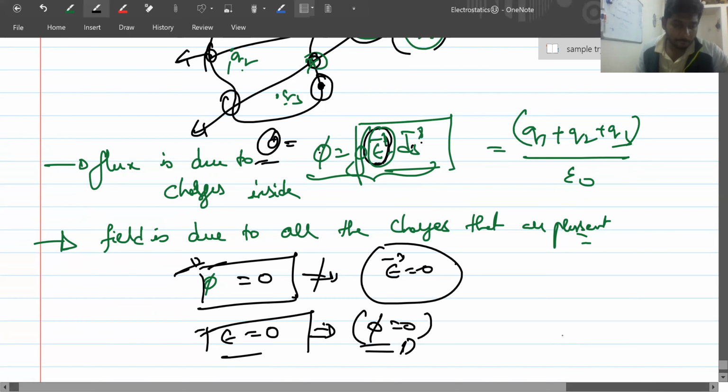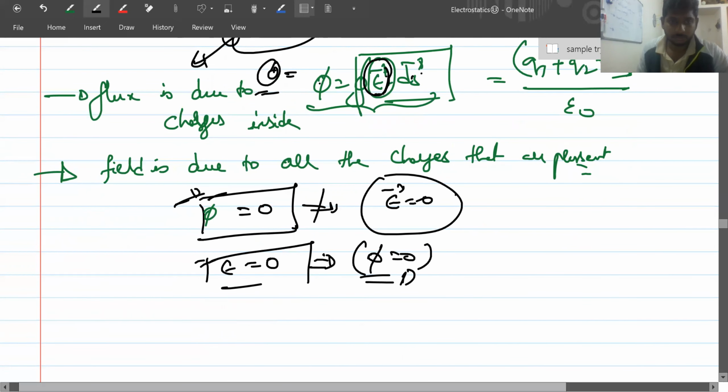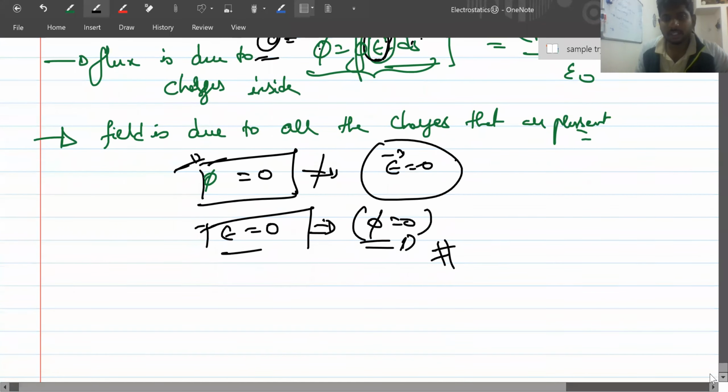So here, similarly, we can derive the electric field for some other symmetrical bodies using this Gauss law easily, instead of a bigger integration derivation.